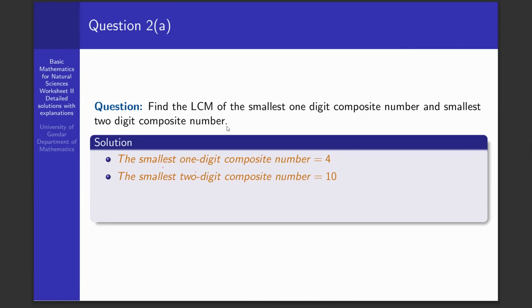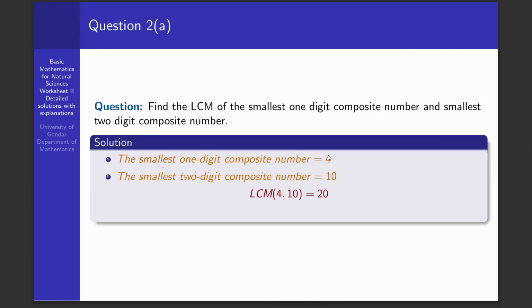Therefore, we are asked to calculate the least common multiple of these two. The least common multiple is 20, because 4 is 2 squared and 10 is 2 times 5.